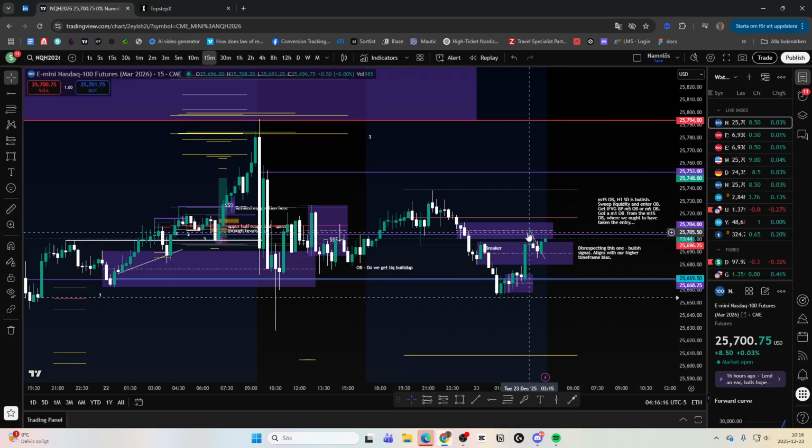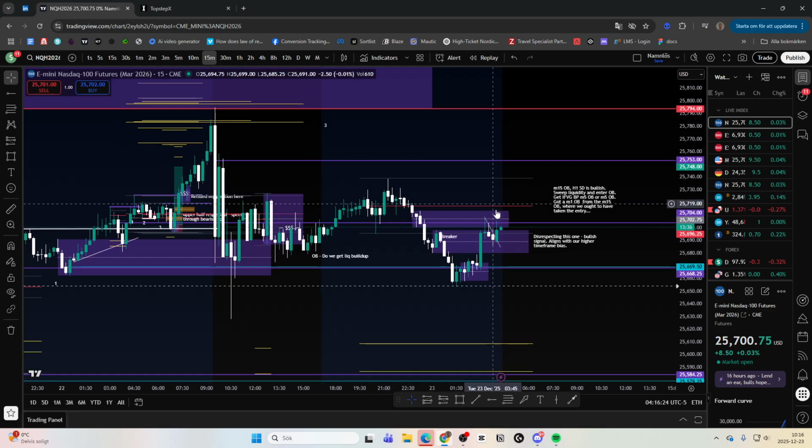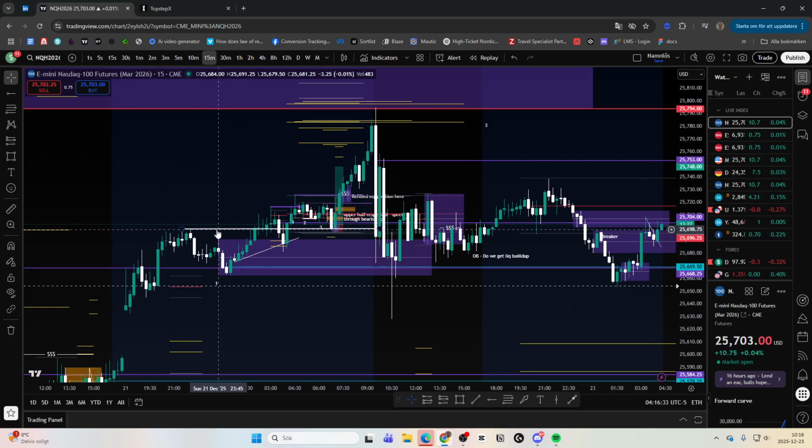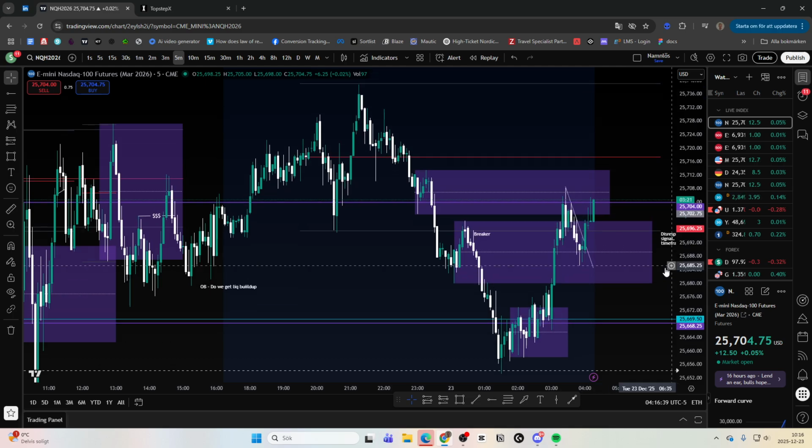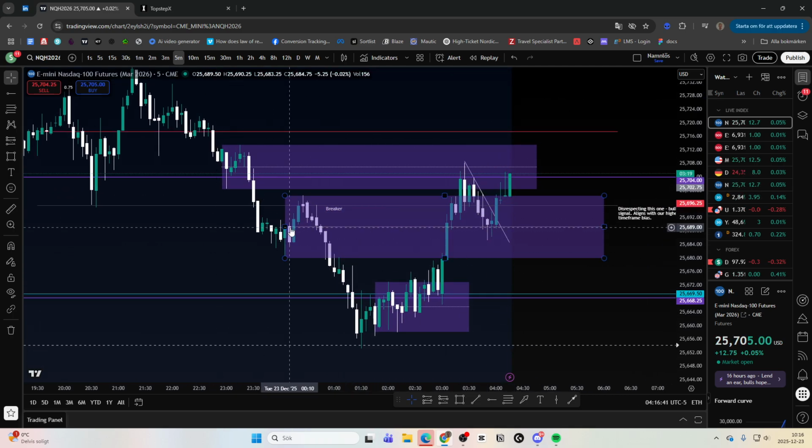Today, initially my bias is bullish, I would say, absolutely. But today is not a high probability day for me, because we haven't really been building up the orders as cleanly as yesterday. Yesterday, you could really see how they were just manipulating for smart money to buy longs. Today, I don't think we've had that too much. What we do have is a breaker right here. Why? Smart money went short right there.